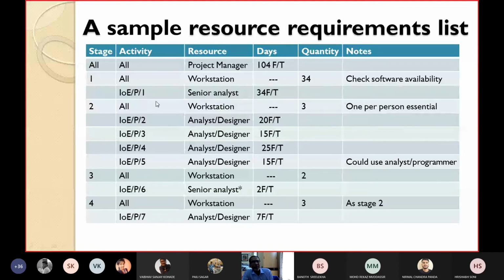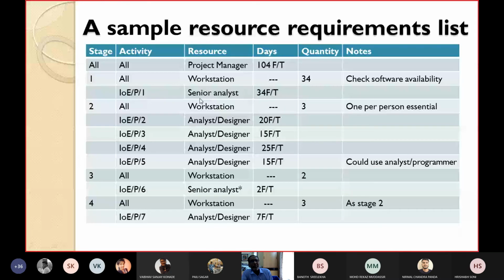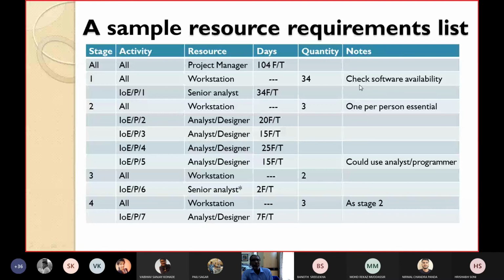Then we can see the project and activity one. Activity one means this one, which is specify the overall design. For specifying the overall design, we require a system analyst. For the requirement specification, we require a system analyst, and it is estimated that it will take 34 days. This check software availability is for the workstation.